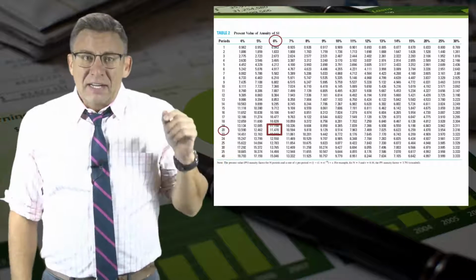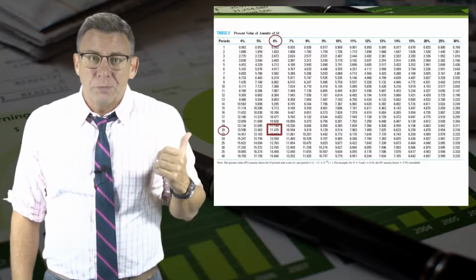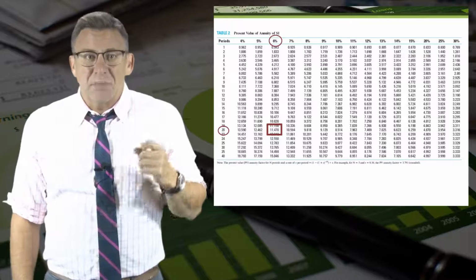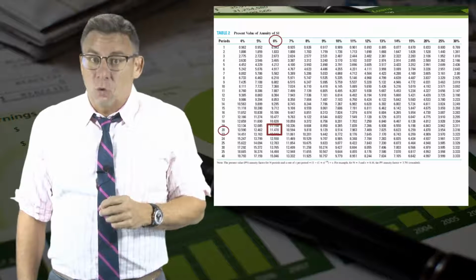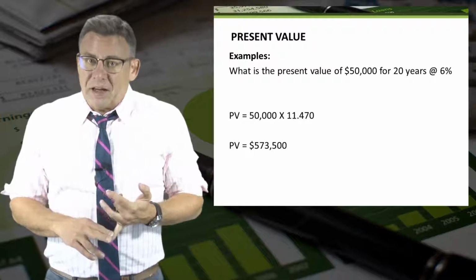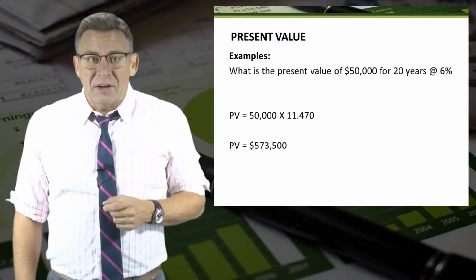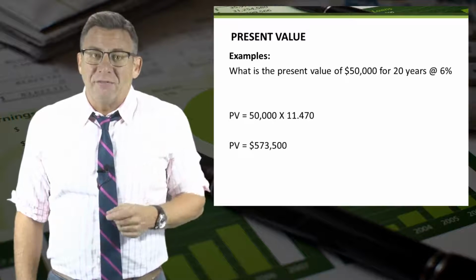I've identified 6% and 20 periods on the present value of annuity table. Where they intersect is the present value factor of 11.470. So the present value of $50,000 for 20 years at 6% is $573,500.